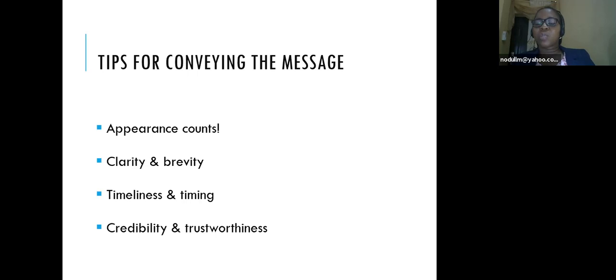Credibility and trustworthiness. Trustworthiness may be seen in principle as objective, because we can measure how trustworthy you are. Maybe what you say you will do and your deeds can be measured, yeah? But credibility will be subjective, because it's how people perceive you, perceive your trustworthiness.